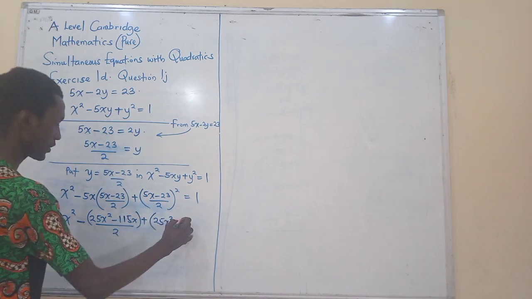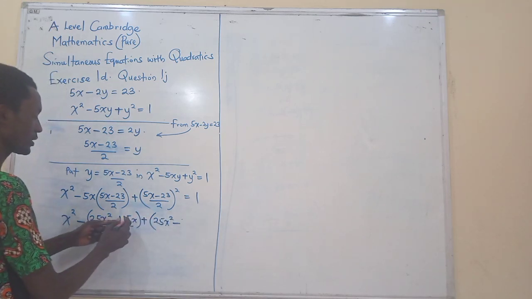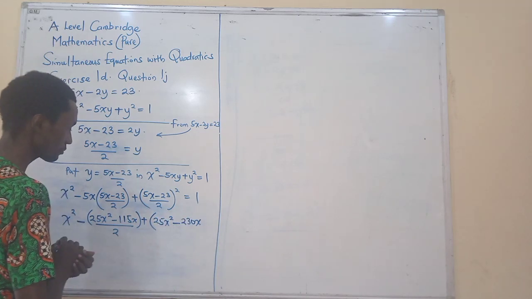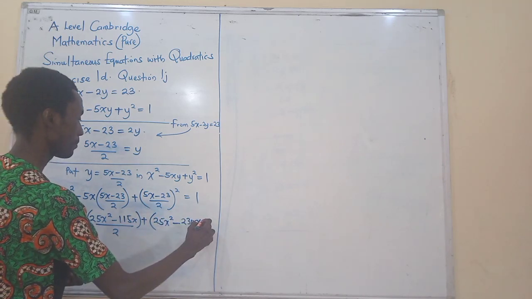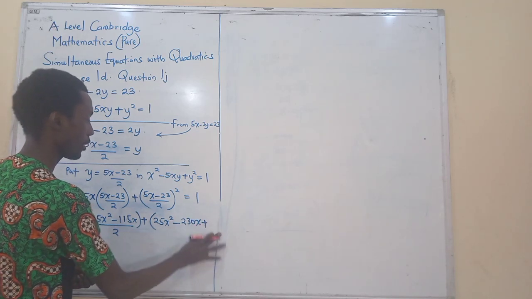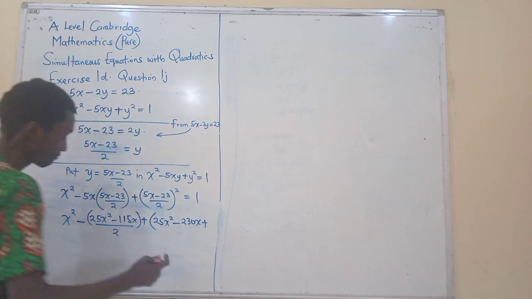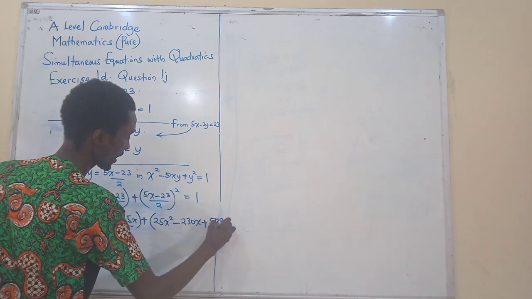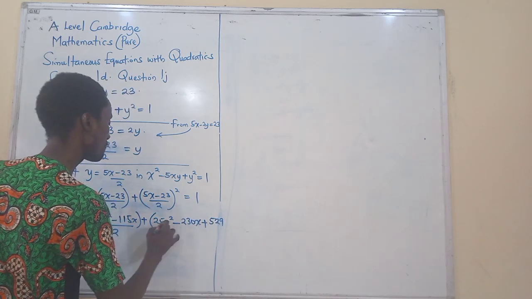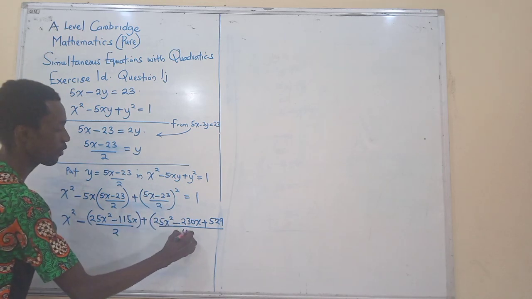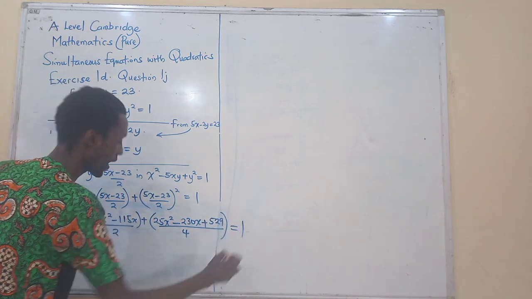So that will give you 115 times 2, which will be 230x. Plus, now 23 squared will give me 529, everything over, the square affects top and bottom, over 4 equal to 1.